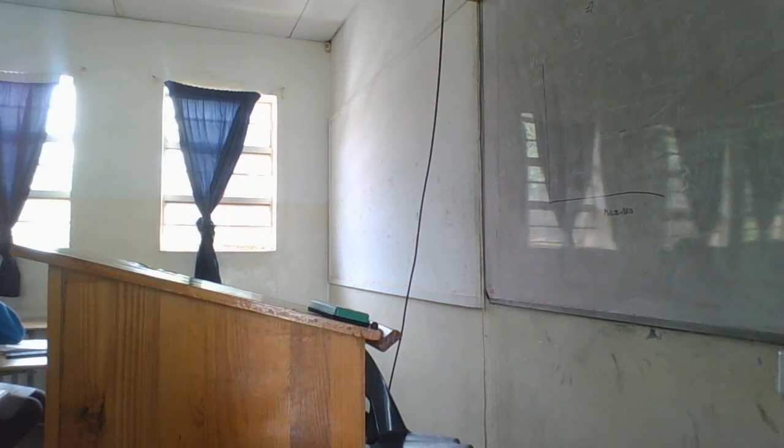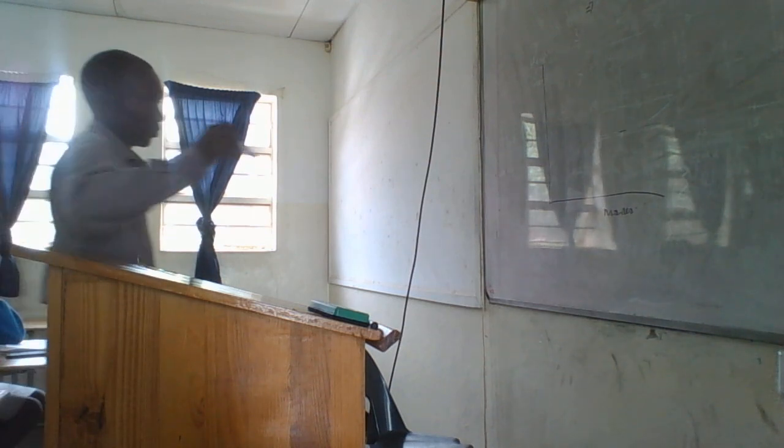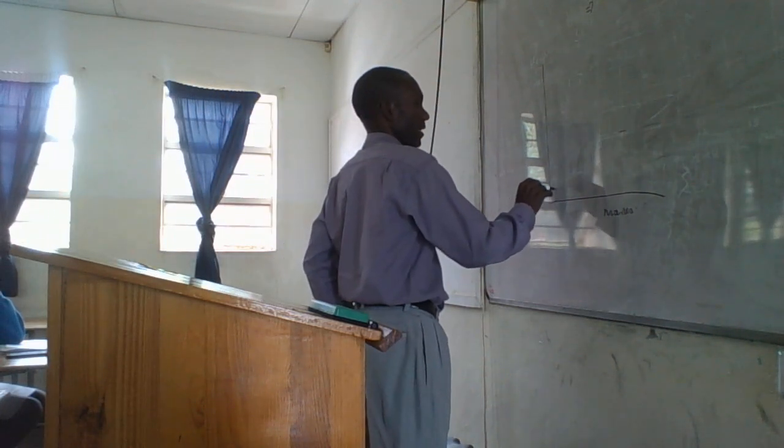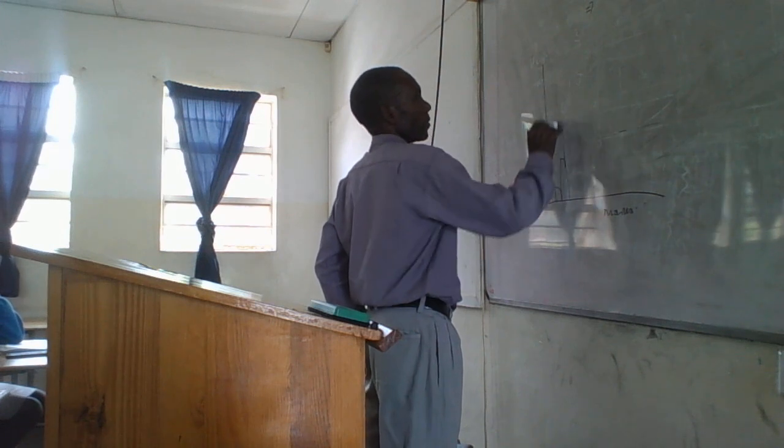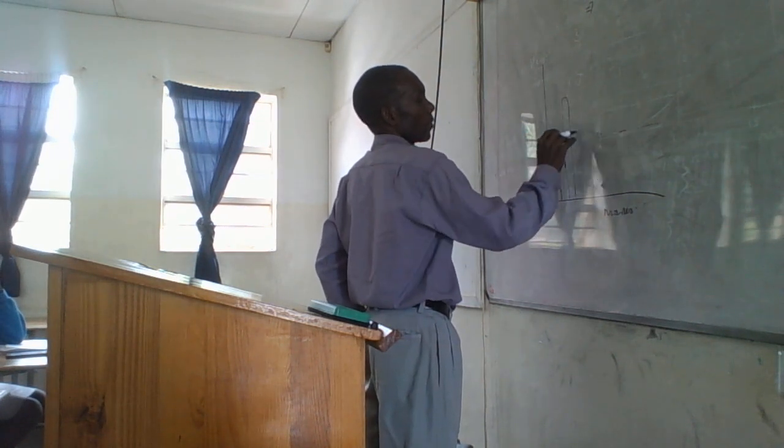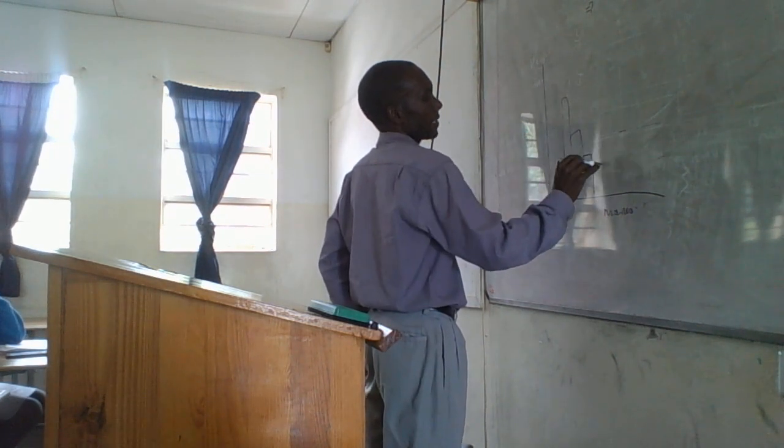Now, if you look at those two graphs, you will notice that the way the graphs are appearing is different. The first one is something like this. It goes something like this.